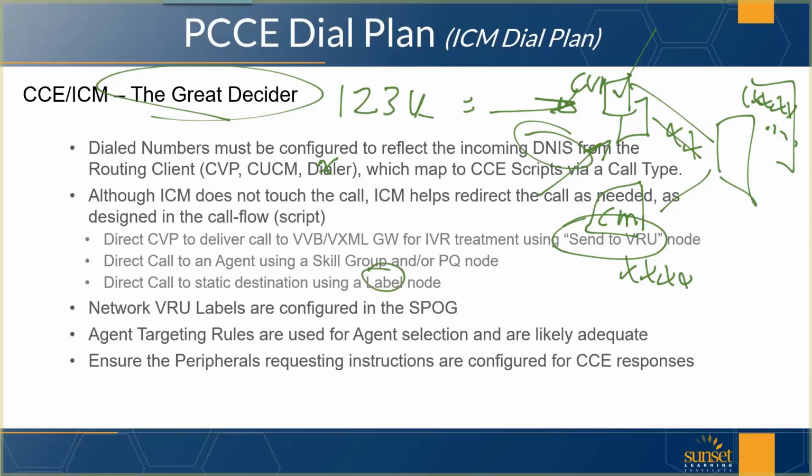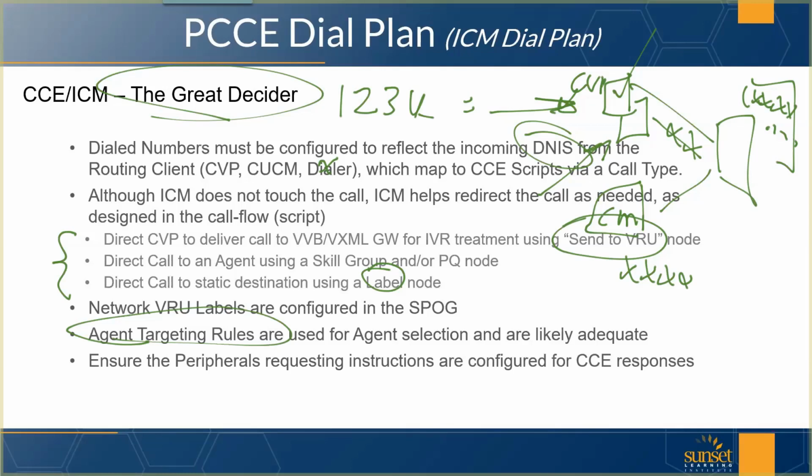They're really incidental to the dial plan to some extent, but just realize that this is what ICM is doing. There's something in the configuration called the agent targeting rule. We'll talk about agent targeting rules as we move through this. It's used as a final agent selection criteria.